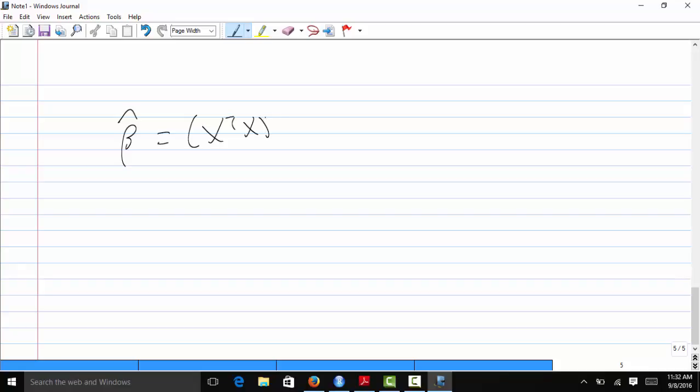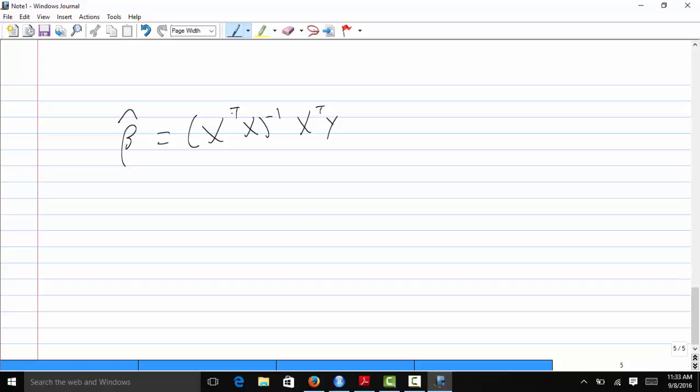X transpose X inverse X transpose Y. And so what I was trying to show you is that simple linear regression is just a special case where we're using that matrix notation for computing our regression model. And as long as we set up those X matrices appropriately, then the results that we had previously derived are just special cases that are obtainable using the matrix algebra.